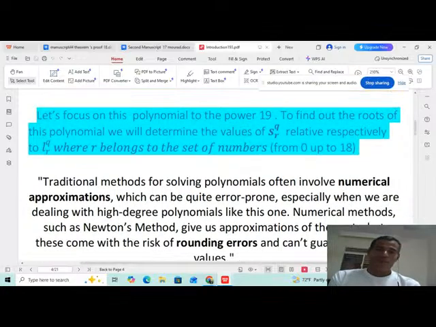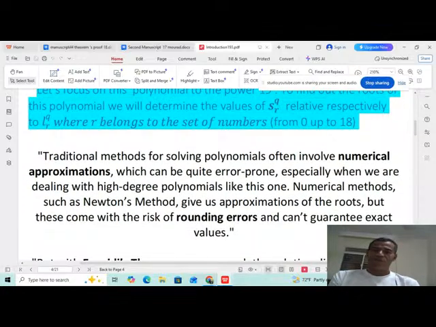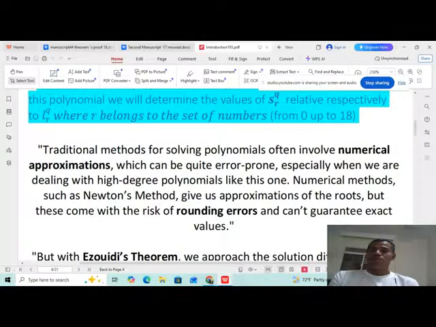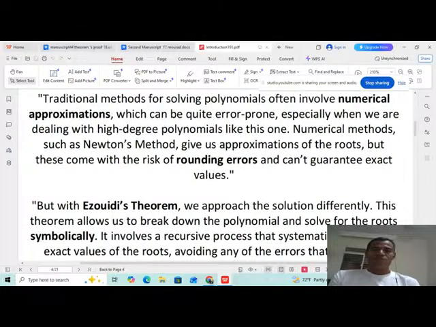Traditional methods for solving polynomials often involve numerical approximation, which can be quite error-prone, especially when we are dealing with high-degree polynomial equations like this one, 19th degree polynomial equation. Numerical methods such as Newton's method give us approximations of the roots, but these come with the risk of rounding errors and can't guarantee exact values like we will be doing exactly.